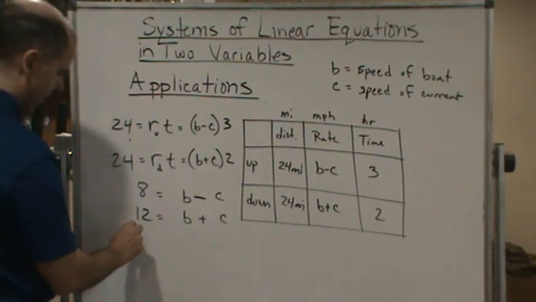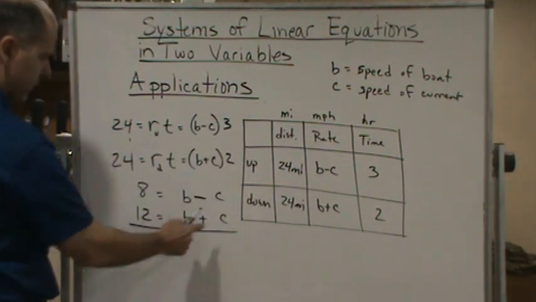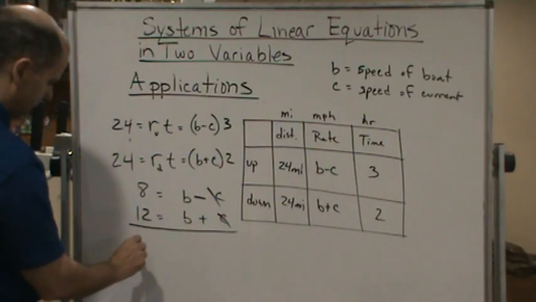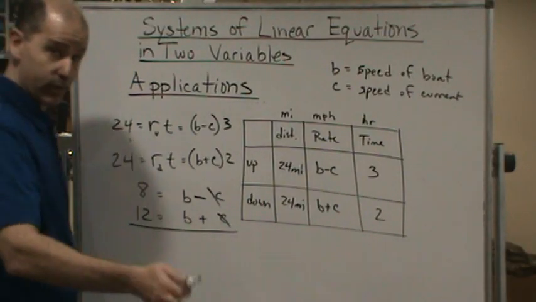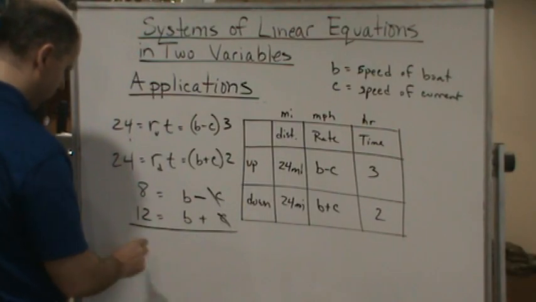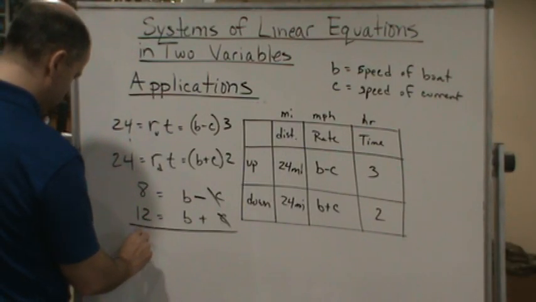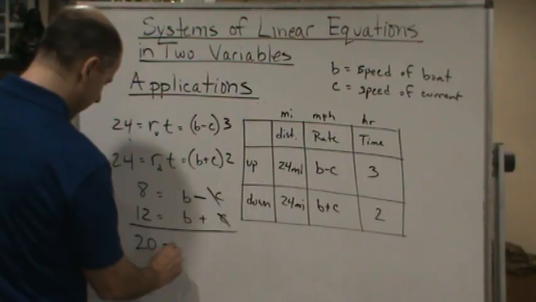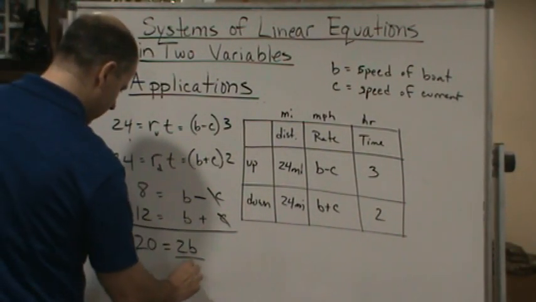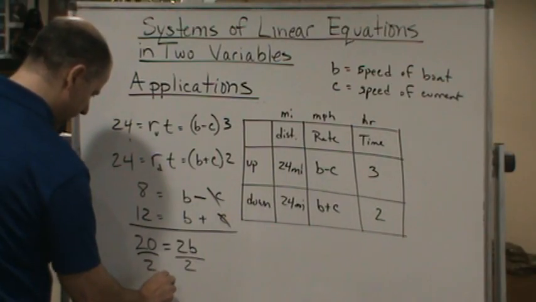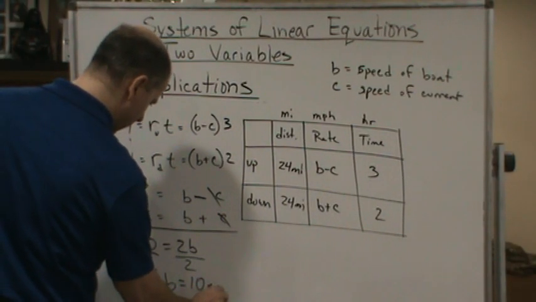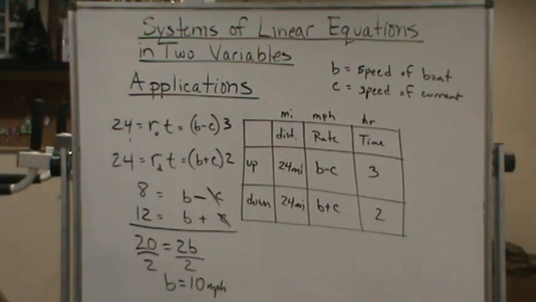If I just add these two equations, the c's are going to drop out. And I get, and sometimes it works out that nicely. Not always, but sometimes, so always look for it. So this is going to be 20 equals 2b. And so now I'm going to divide by 2, and I get b, the speed of the boat, is 10 miles per hour. All right, cool.